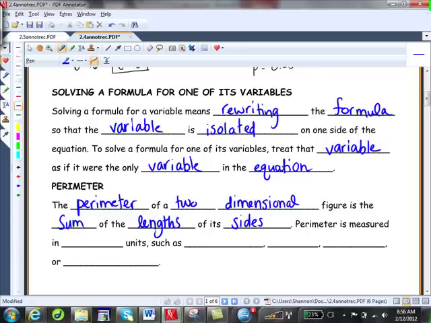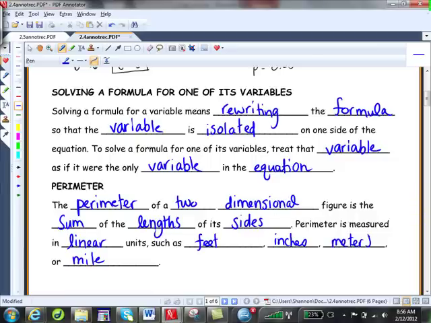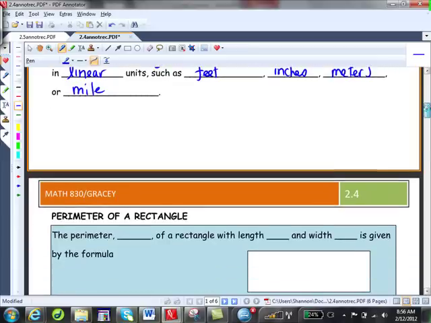Perimeter is measured in linear units, such as feet, inches, meters, or miles. There's many, many more. Oops. Sorry about that. Okay.